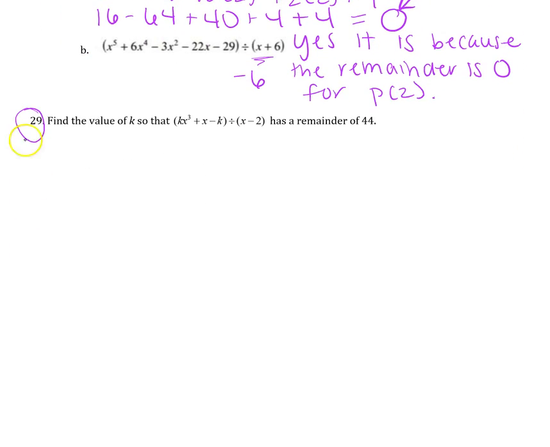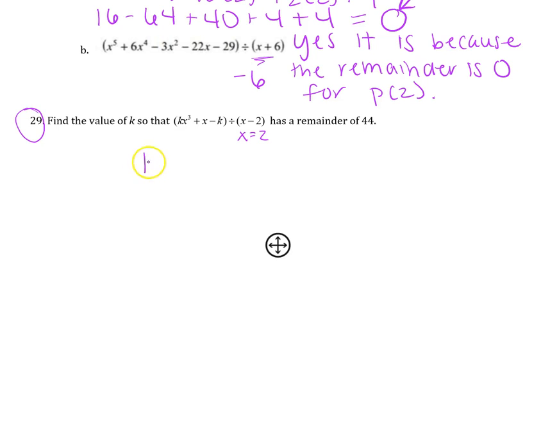Okay, so this ties into our example 29, and this is the last one I'm going to cover in the video, where we're trying to find the value of k in this cubic polynomial, so that when I divide it by x minus 2, I have a remainder of 44. So we just said previously that if I were to evaluate this at the root of this binomial that I'm trying to divide it into, if I evaluated it at 2 and plugged it in, using the factor and remainder theorem, what it equals is the remainder.